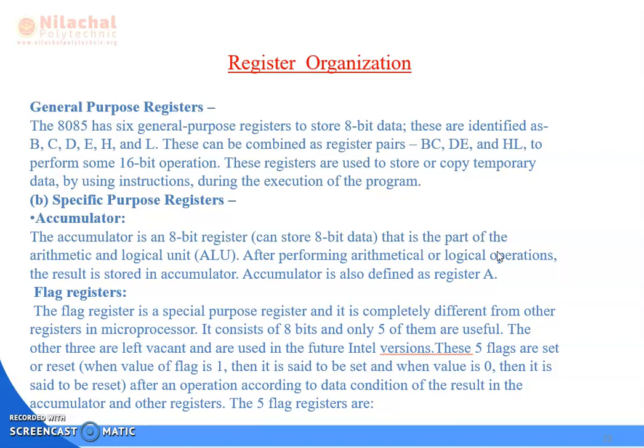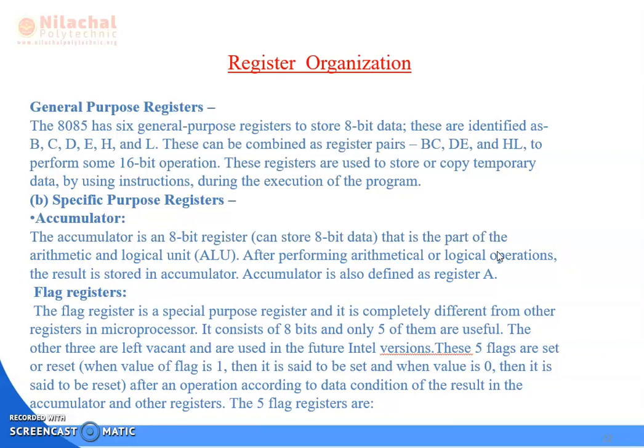The 8085 has 6 general purpose registers to store 8-bit data. These are identified as B, C, D, E, H and L. These can be combined as register pairs BC, DE and HL to perform some 16-bit operations.